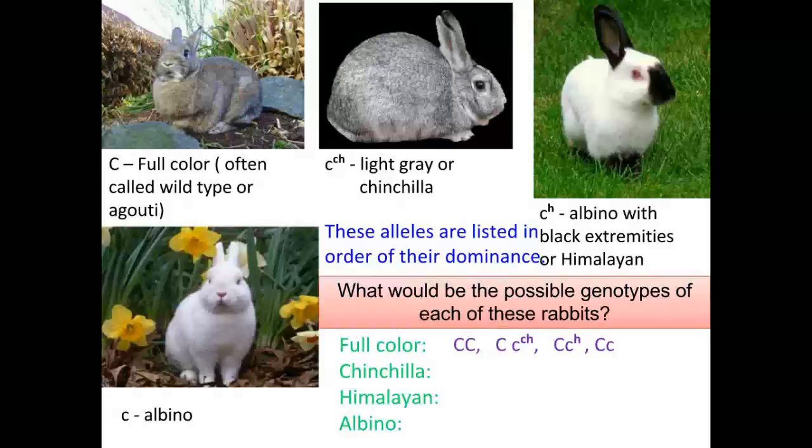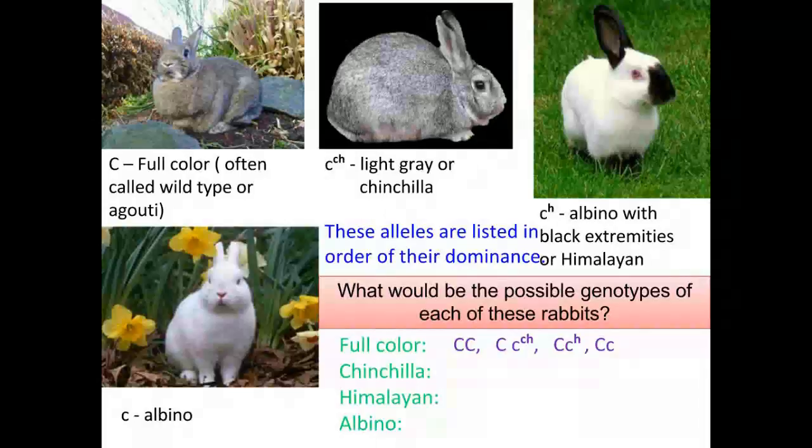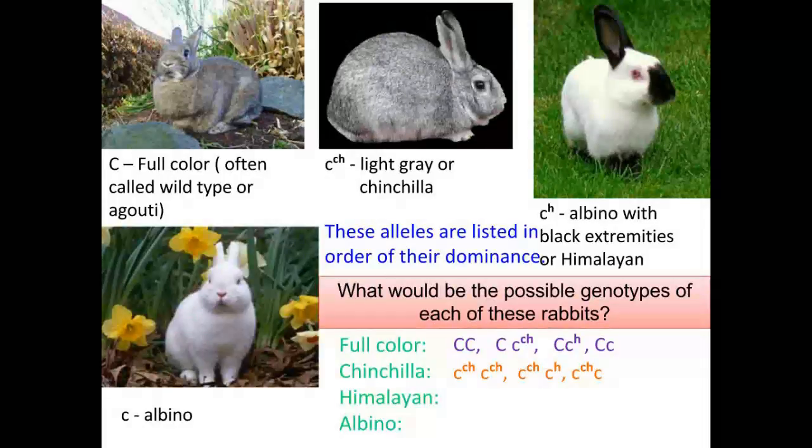So then each one of those have possible genotypes or the genetics that you could see. You see all of those listed for full color, all of them listed for chinchilla, all of them listed for Himalayan, and there's only one option, very recessive, very unlikely, that you would have a pure white rabbit.